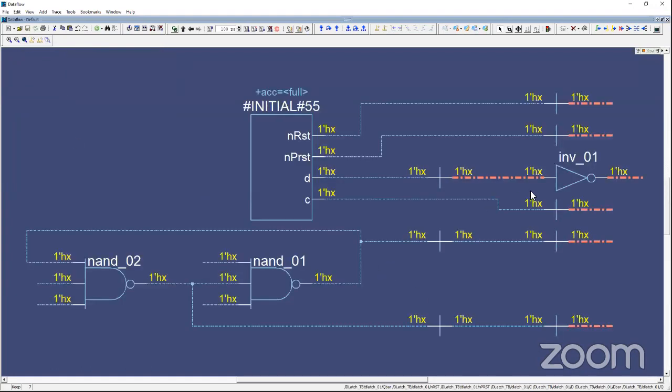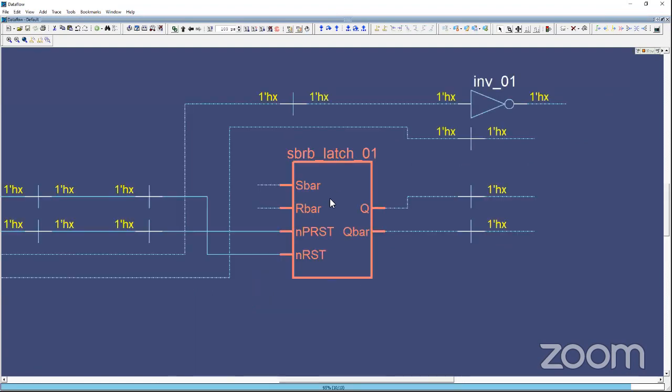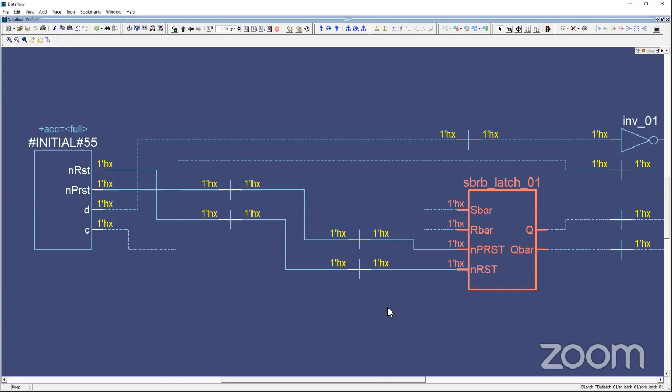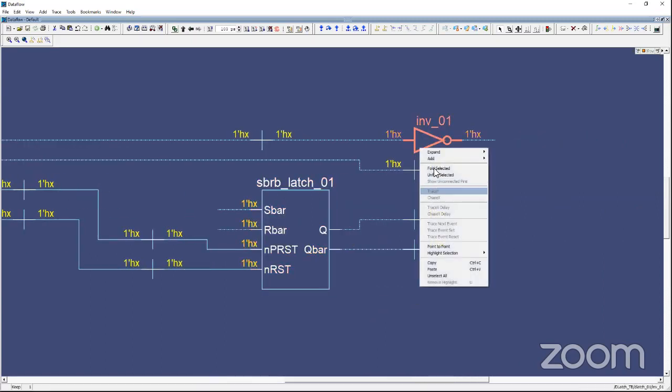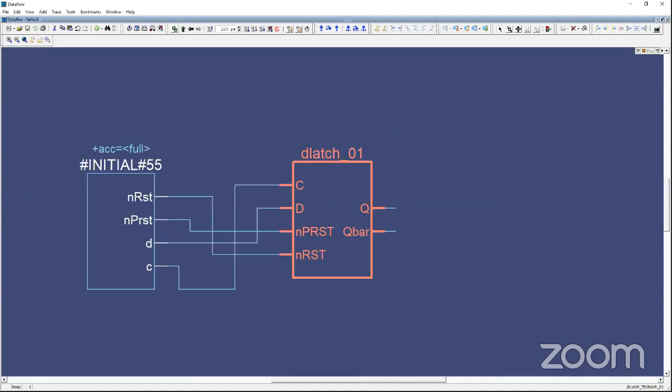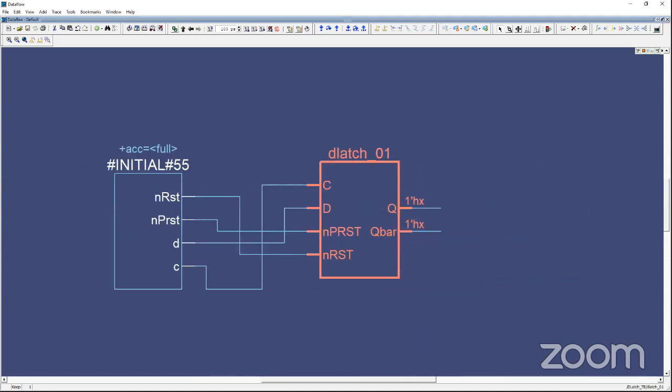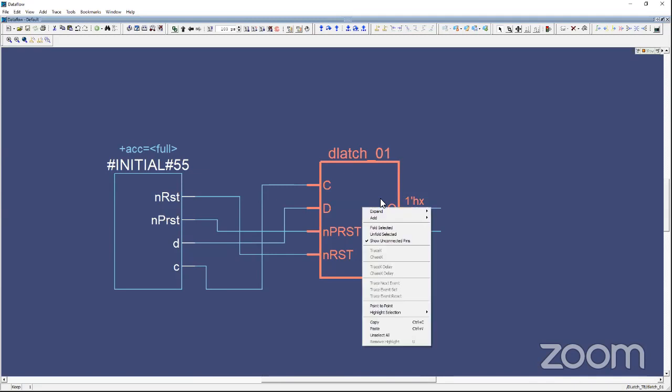Okay, it's unfolding everything. Let's fold. SBar RBar latch. And then fold. Okay, D latch, unfold.